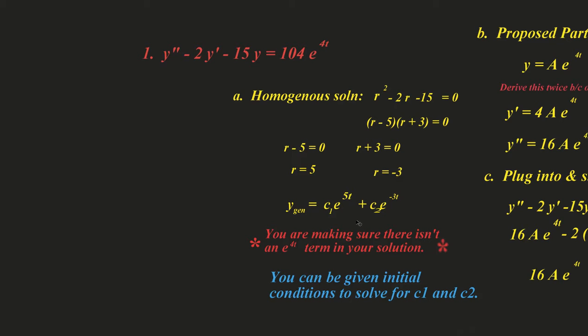So what you would have done differently if it was an e to the 4t in this part of the general solution, you would have proposed a particular solution, instead of a e to the 4t like we're going to do, we would have had a t e to the 4t. That way there's no constant e to the 4t repeated. Okay? But you see how there's no 4t here? We don't have to do that. I'll do a different example video for that.